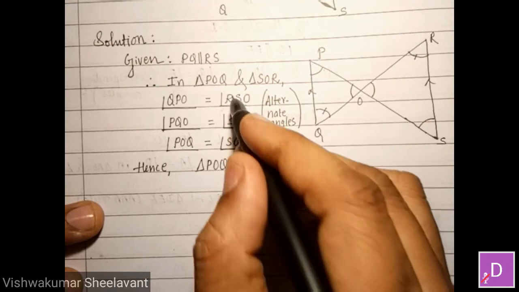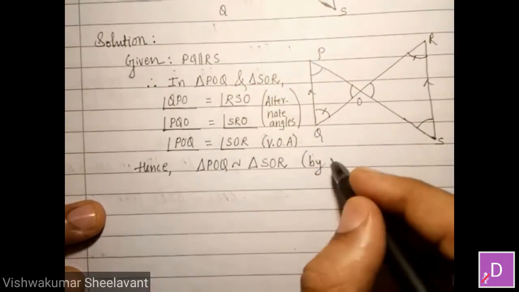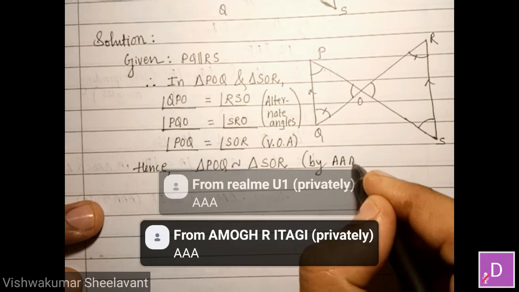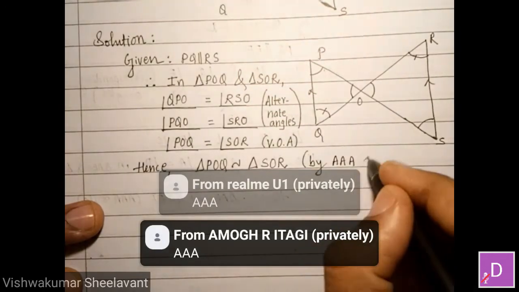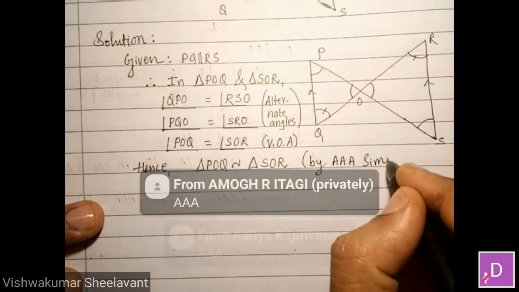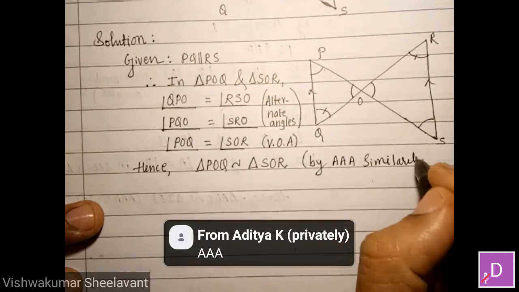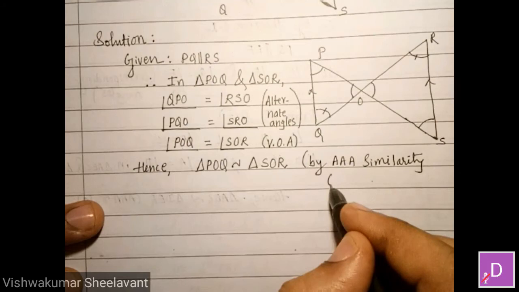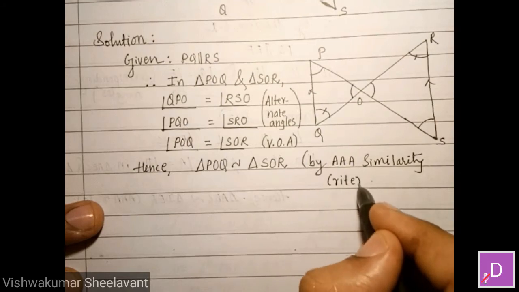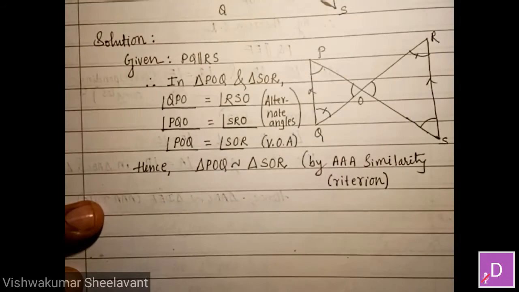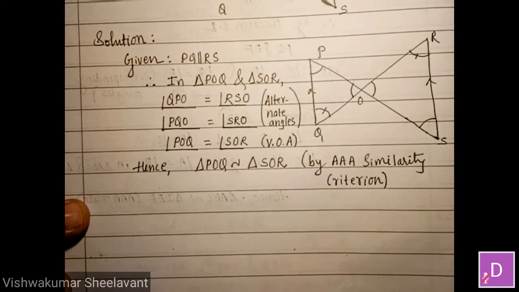By all three angles are equal here, therefore we have to make use of AAA similarity criterion.